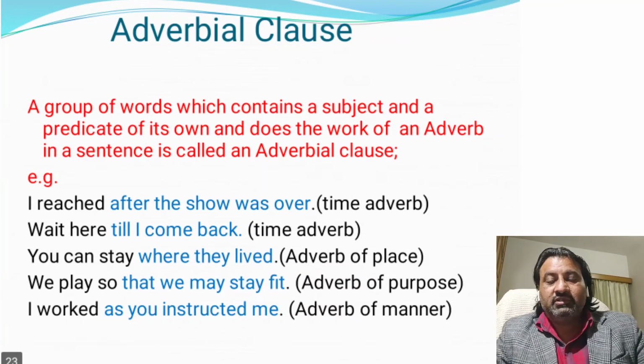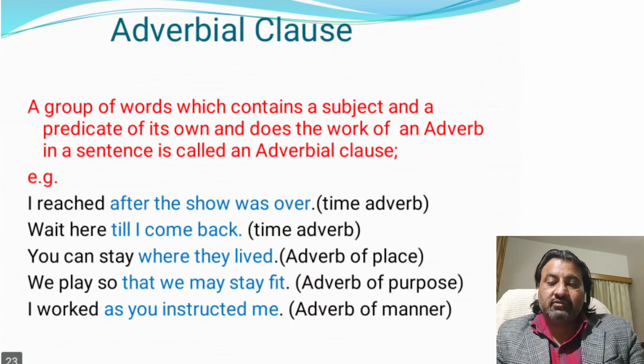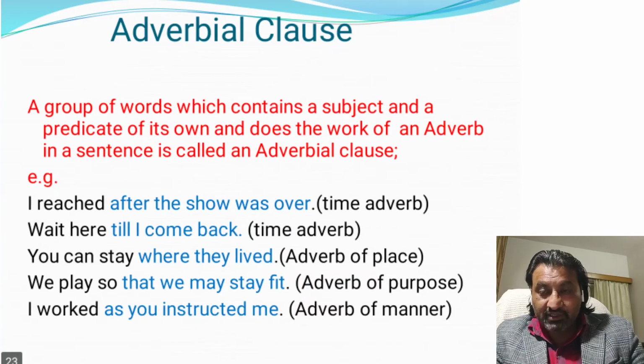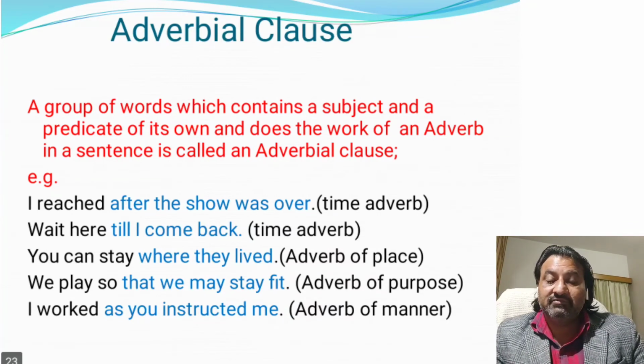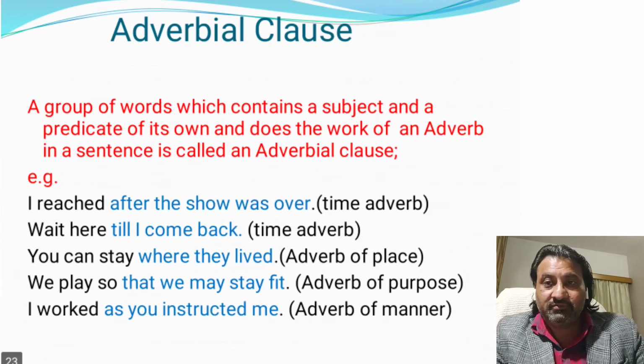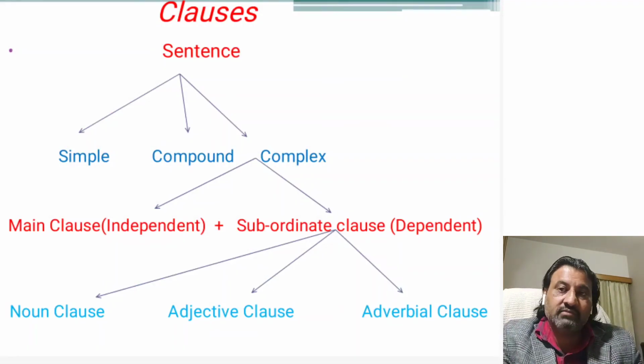In all these sentences, we know the kind of subordinate clauses used, and they do the job of an adverb. Therefore, they are adverbial clauses. So this is all about these three types of subordinate clauses.